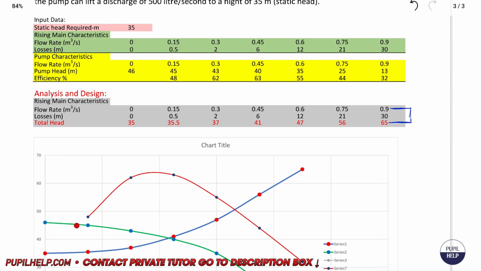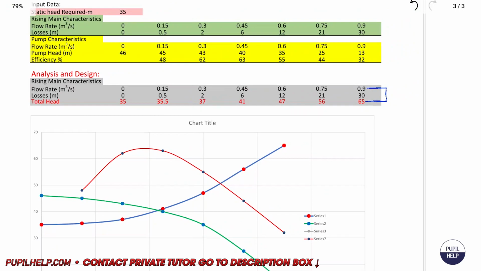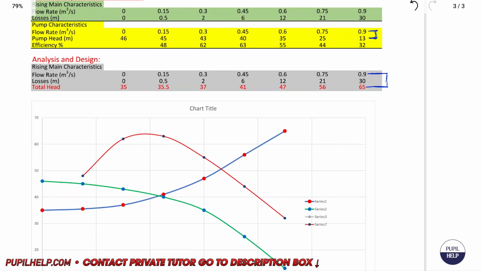Now the green graph, it is the pump characteristics, which is the flow rate and pump head. So this is the green line. And the red one is the efficiency.